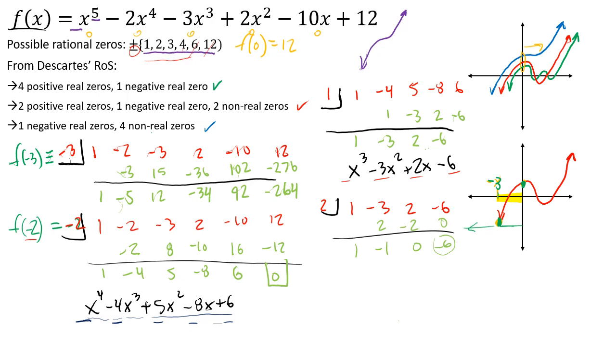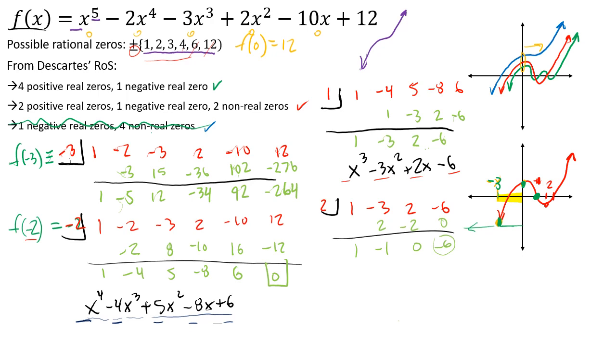So we found one positive 0 here, which means that it's not this one, because if we found one positive 0, there must be at least one more. And when we plugged in 2, we got a negative number out. So let's try the next number, and hopefully we'll find a 0 there.